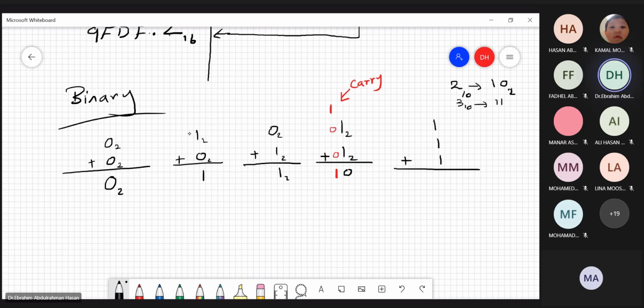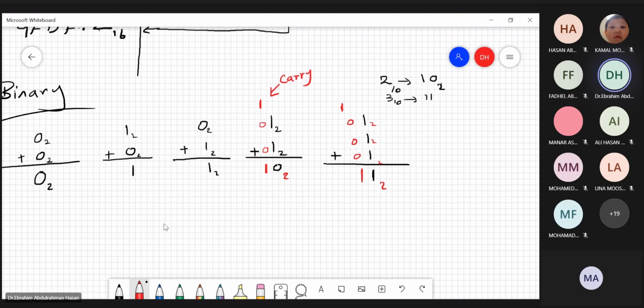So how does it work? 1 plus 1 plus 1 is equal to 1, and we have a carry of 1. So 1 plus 0 plus 0 plus 0 is equal to 1. This is all in binary.